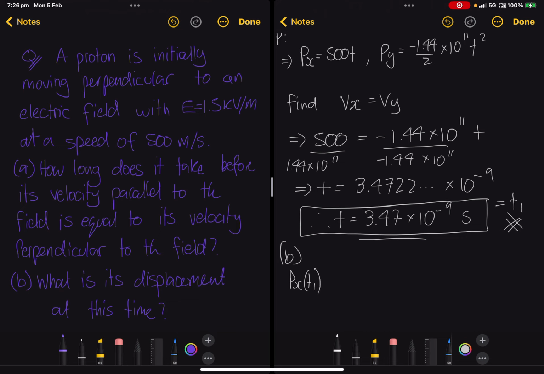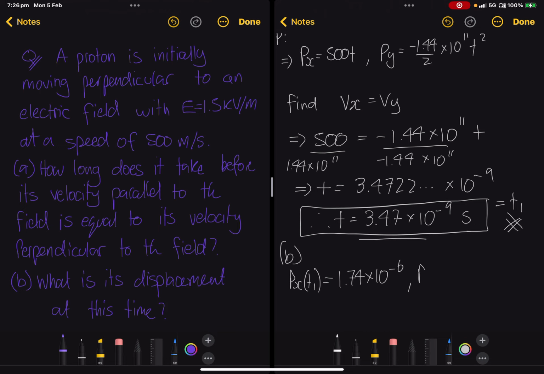Position in x at t1 is going to be equal to 500 times this number. So 500 times 3.47 times 10 to the minus 9 is 1.74 times 10 to the minus 6. I am rounding these numbers, but that's fine because these are just approximations anyway.